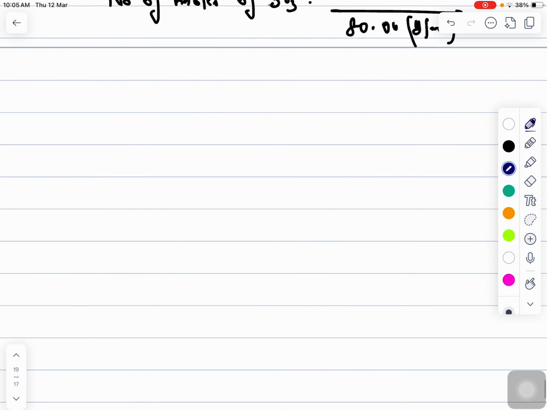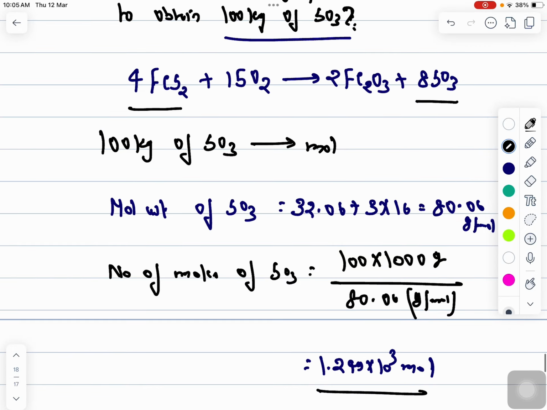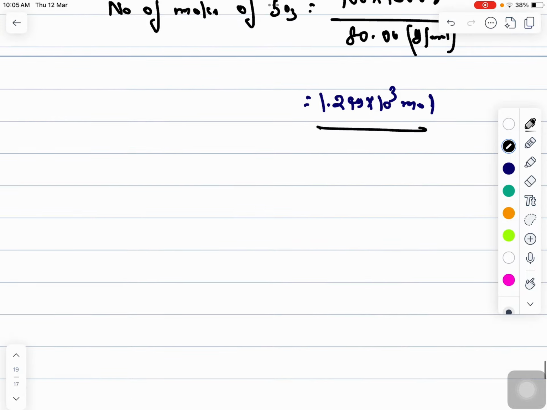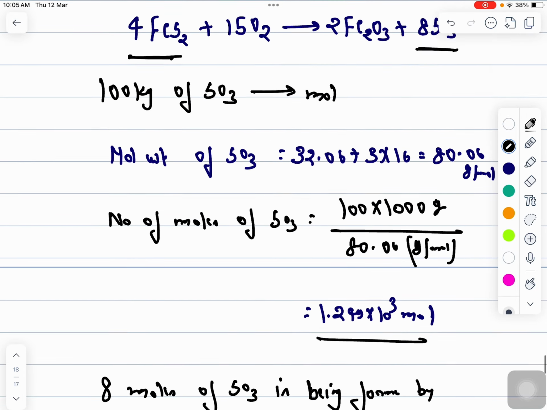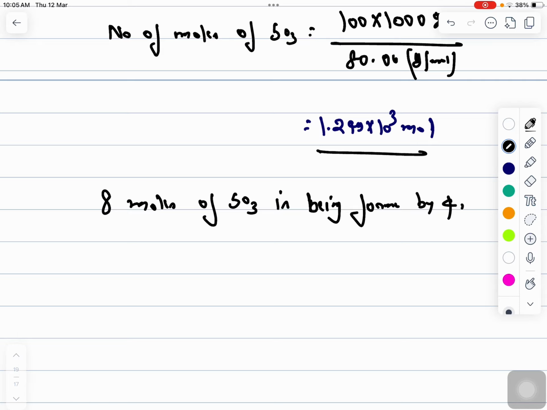The value you will be getting is 1.249 into 10 to the power 3 moles, right? Now you have this value of moles, but from the reaction what you see is that 8 moles of SO3 is being formed using 4 moles of FeS2, right? So we can write 8 moles of SO3 is formed by 4 moles of FeS2.